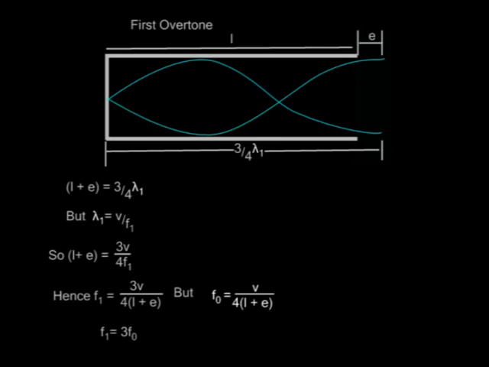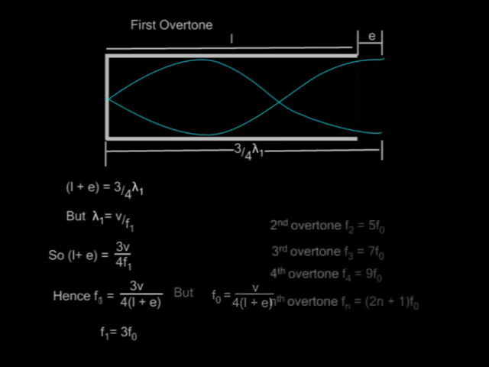The frequency of the first overtone is thrice the frequency of the fundamental. It is the third harmonic. Similarly, it can be shown that the frequency of the second overtone is 5 times the fundamental frequency. It is the fifth harmonic. In the same way, third overtone F3 is equal to 7F0.